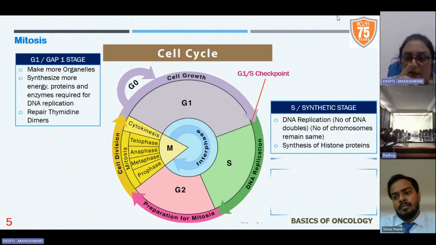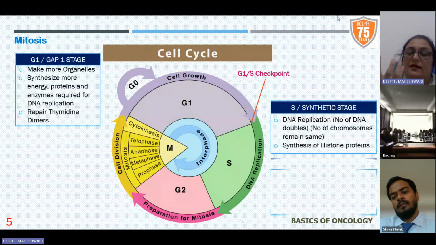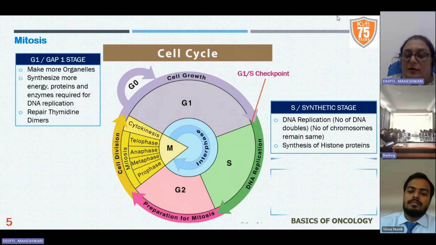Histone proteins will give us support so that the DNA takes a proper shape. So basically, these histone proteins behave like a mold. In this mold, the DNA will go and take its proper shape and then it can fit inside the chromosomes. So you have the histone proteins also which are getting formed in the synthetic phase.